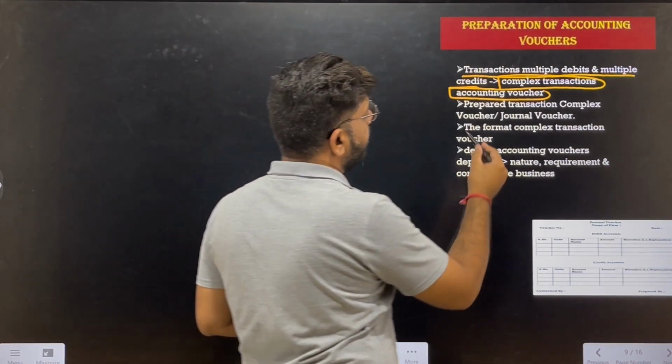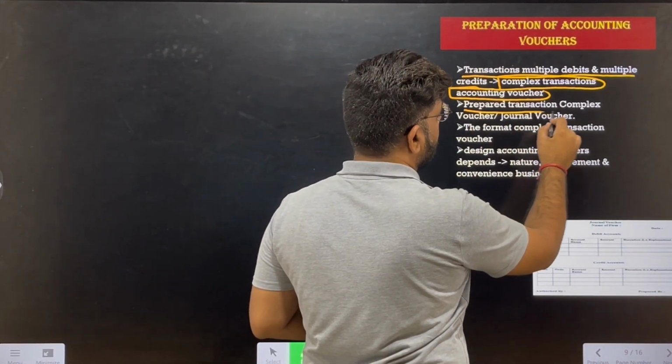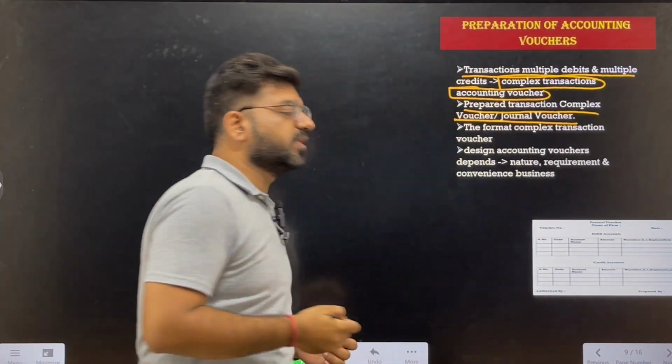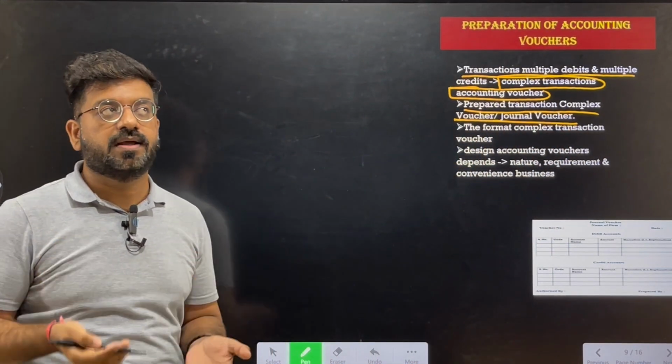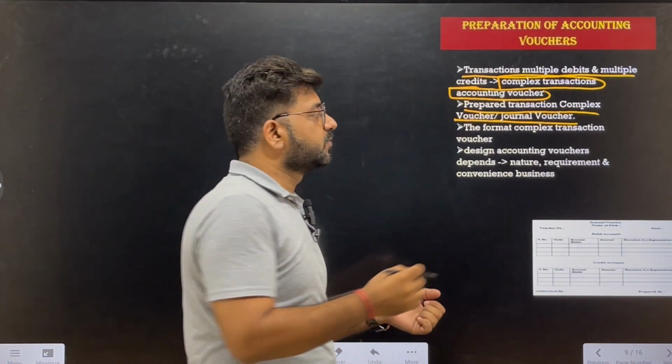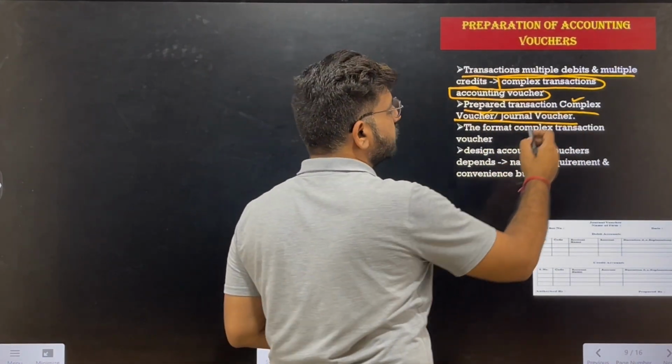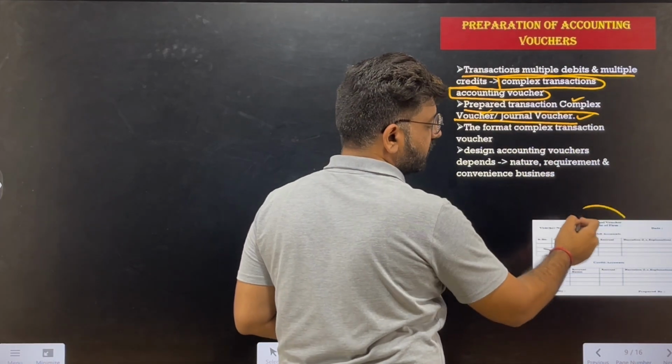Next, it says these are prepared as complex transaction vouchers or journal vouchers. Where there is more than one debit and credit, it is to be recorded in the complex voucher. It is known as a complex voucher, or else a journal voucher, as we just saw.